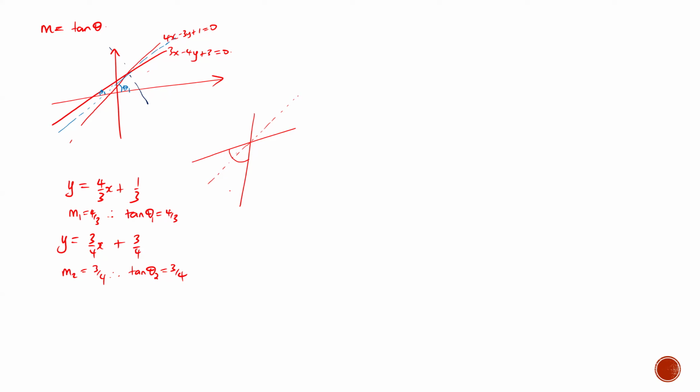Let me just repeat that, okay? The difference between those two lines is theta 1 minus theta 2. If you don't see that, you can use the right angle triangle we have here. We have theta 1 there, and this is theta 2.